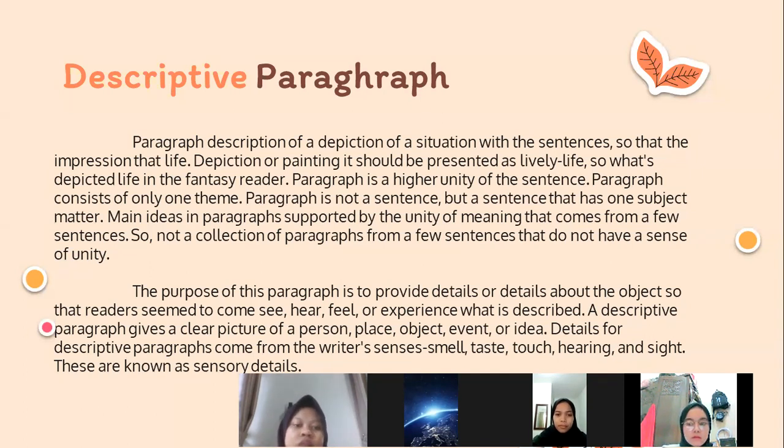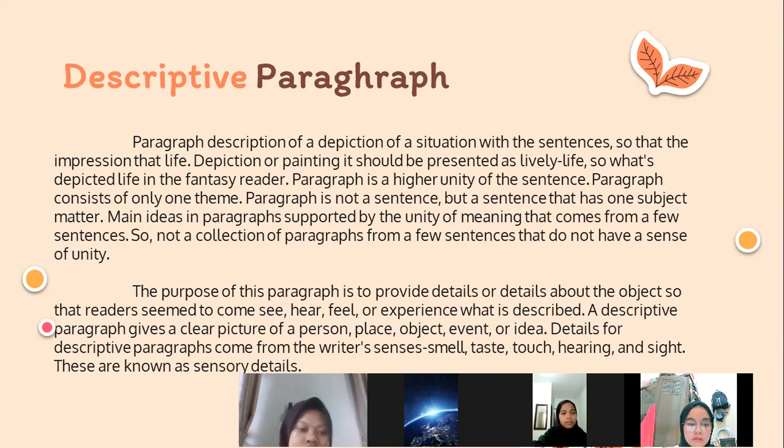The purpose of this paragraph is to provide details about the object so that readers seem to see, hear, feel, or experience what is described. A descriptive paragraph gives a clear picture of a person, place, object, event, or idea.